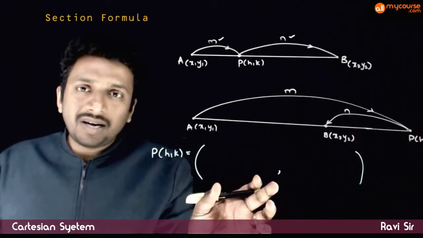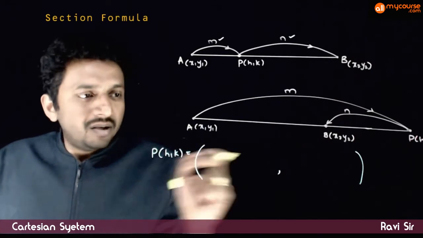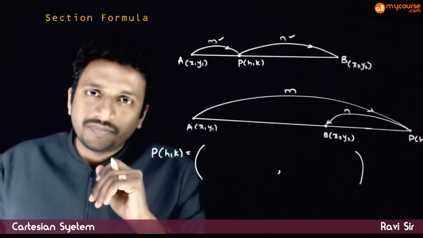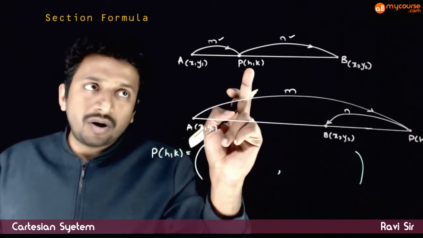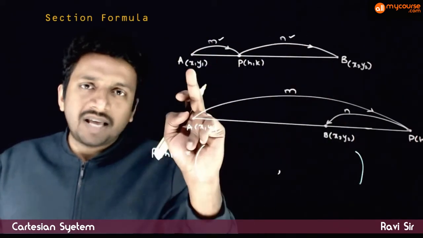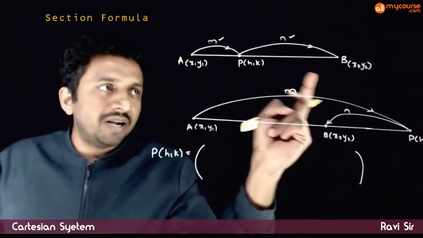The x coordinate of P involves only the x coordinates of the points, and the y coordinate of P involves only the y coordinates. So the x coordinate is given by (m times x2 plus n times x1) by (m plus n). You need to remember it as cross multiplication.